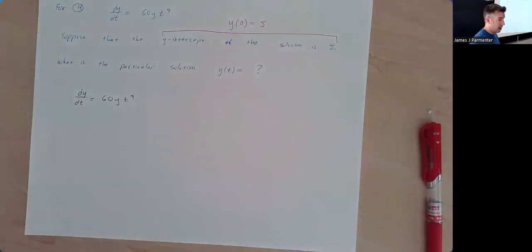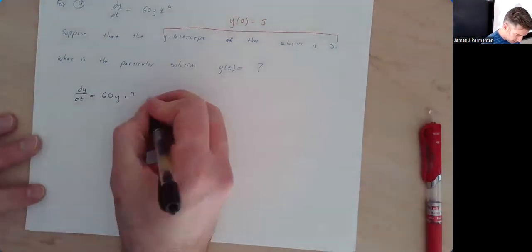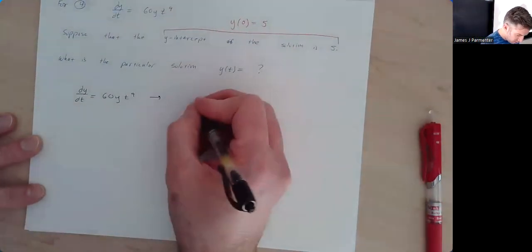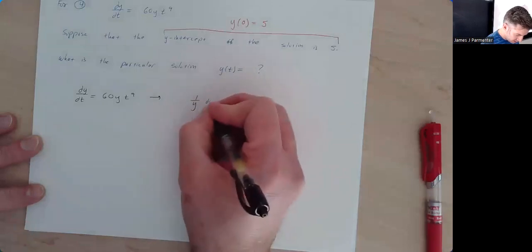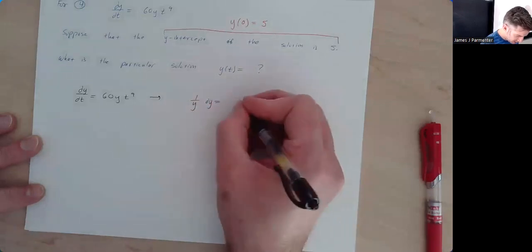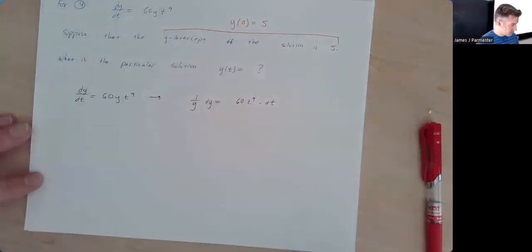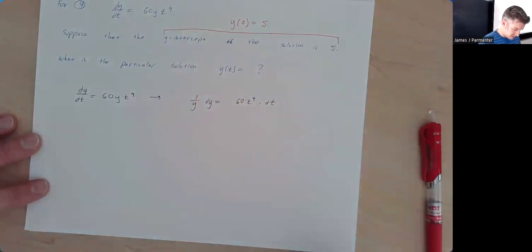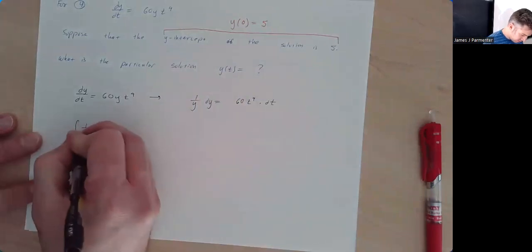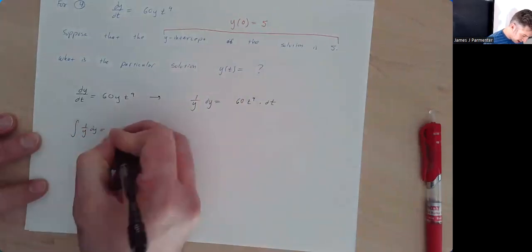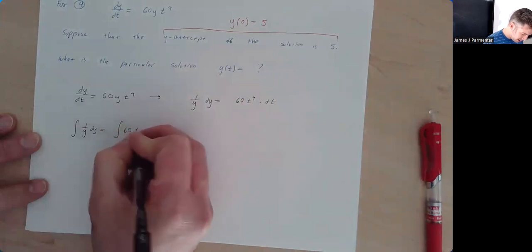Whatever variable is on the bottom of my dy dt is the independent variable or the input. So rewriting this so I can solve it, I'm going to have 1 over y times dy equal to 60 times t to the 9th times dt. And then we're going to anti-differentiate both sides. The antiderivative of 1 over y dy is equal to the antiderivative of 60 times t to the 9th dt.